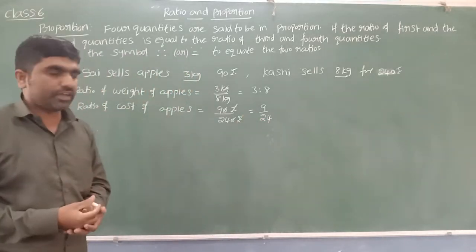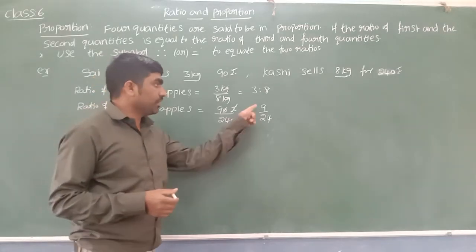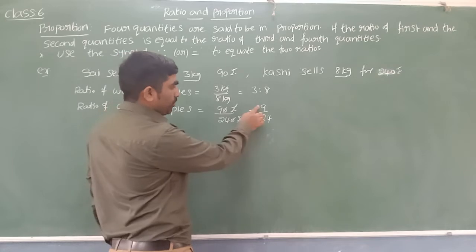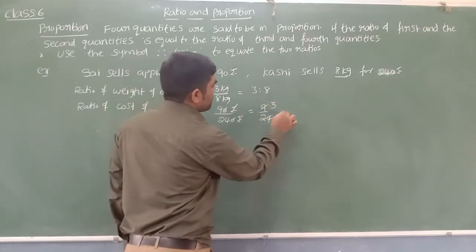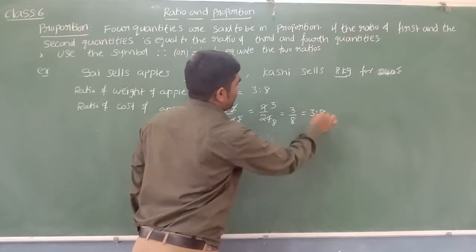What is the common factor? 2 plus 4 is 6, so the 3 table is possible. Both are divisible by 3, so 3 is the common factor for numerator and denominator. Dividing by 3: 3 threes are 9, 3 eights are 24. We get 3 by 8, which gives 3 is to 8.